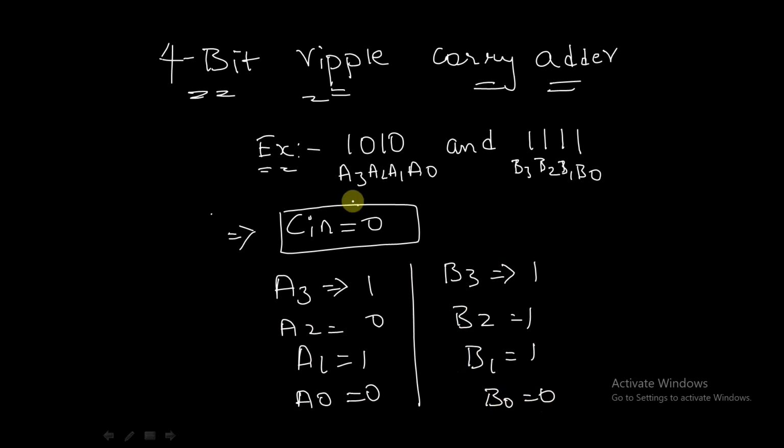Now let us try to add these two numbers, 1010 with 1110. So 0 and 0, and the initial carry is equal to 0, so 0 plus 0 is equal to 0, and there will be no carry propagated. And 1 plus 1 is 0.